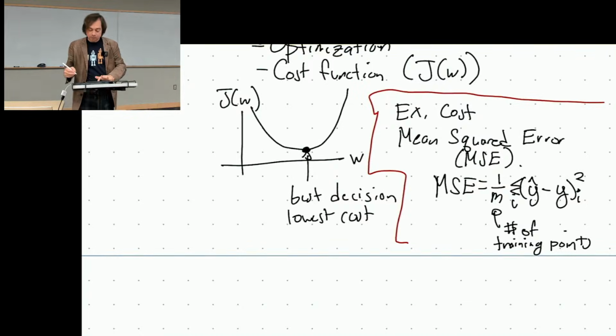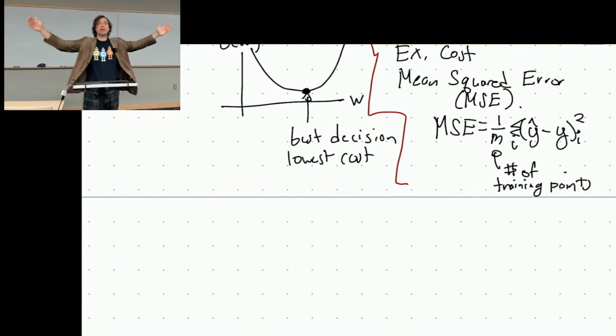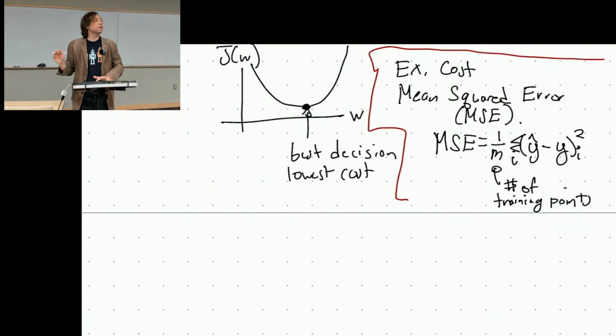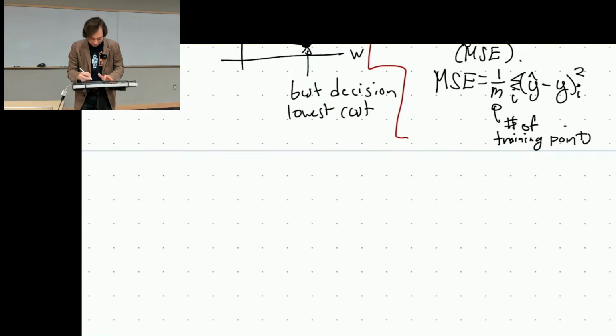Well, you could try every set of W's. Try them all within some gridded resolution, and see which one is the best. There's a problem with that. What if you have more than one decision to make? Let's say instead of one decision, you have 2 decisions.